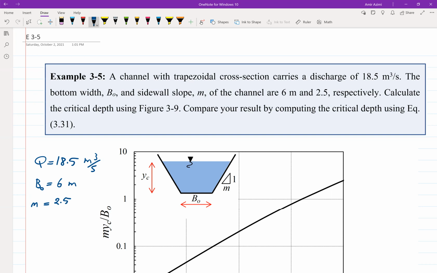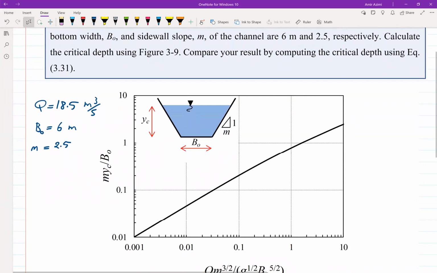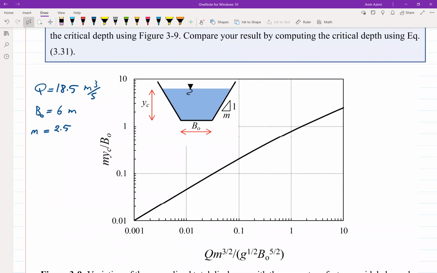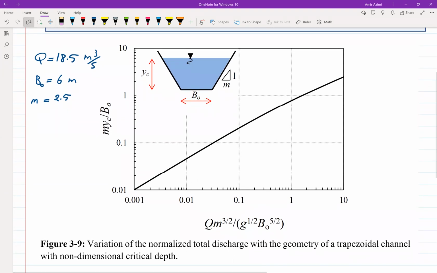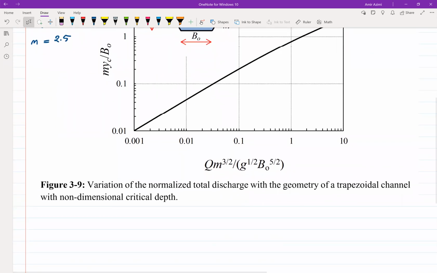So calculate critical depths using figure 3-9 of the textbook, which we already have here. And then we can find the critical depths using the equation for Froude number equal to 1. So the horizontal axis is QM to the power of 3/2.